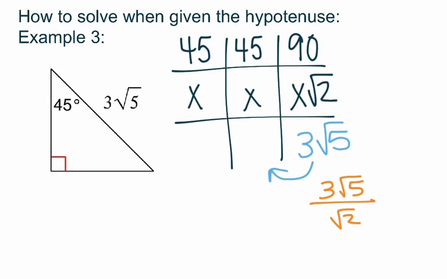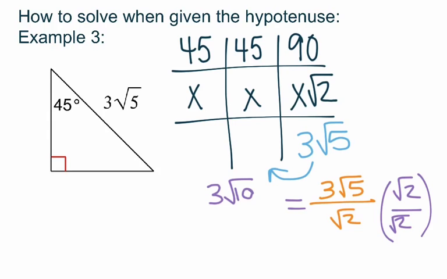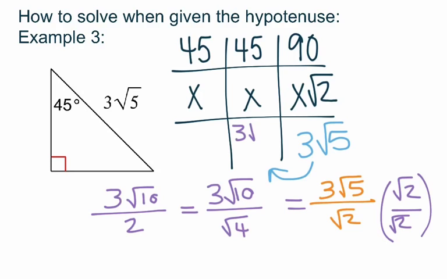Remember, we can't have a radical in the denominator. On top, we get 3 square root of 10 divided by square root of 4. So we get 3 square root of 10 in the numerator, 2 in the denominator. We cannot simplify that any further. So 3 square root of 10 divided by 2.